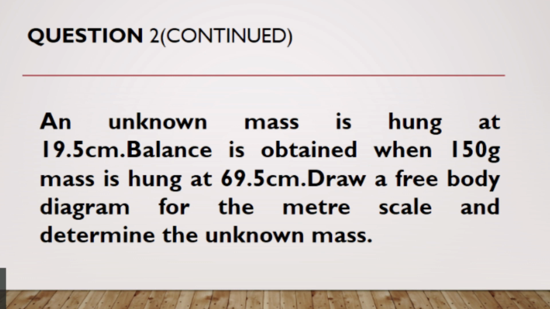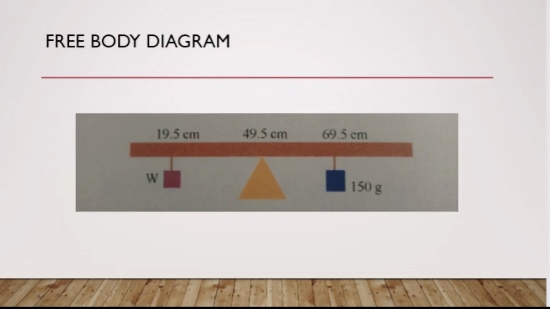So that means here you can see how to represent a free body diagram. A free body diagram represents the main forces acting on it. 19.5 centimeter, 49.5 centimeter and 69.5 centimeter are the main measurements of length, and the weights in order to balance the meter scale.